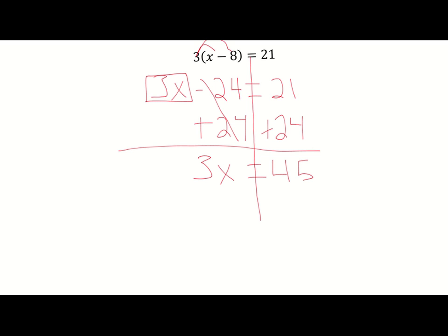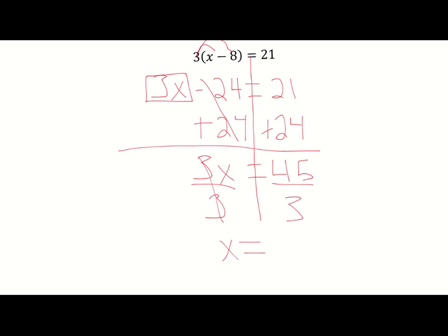Now, to just get x by itself, we have to get rid of the 3. Since it says 3x, we know that multiplication is occurring. We assume there's like a dot in between the 3 and x. So I'm going to do the opposite and divide both sides by 3. The 3's will cancel on the left, so I have x equals, and 3 into 45.